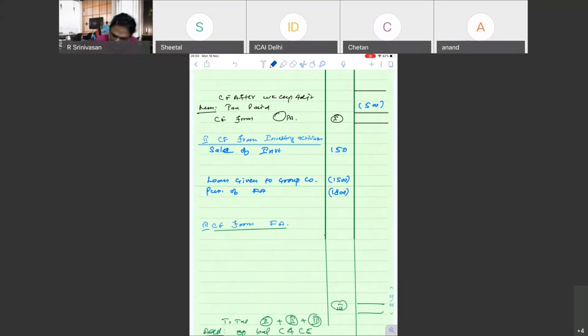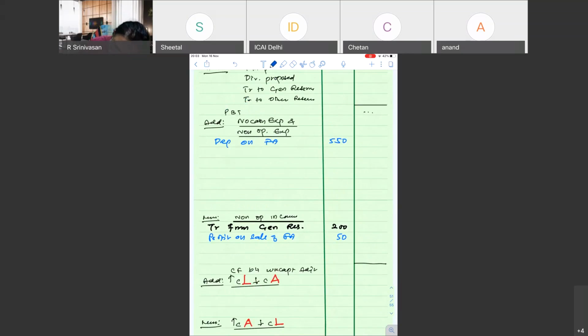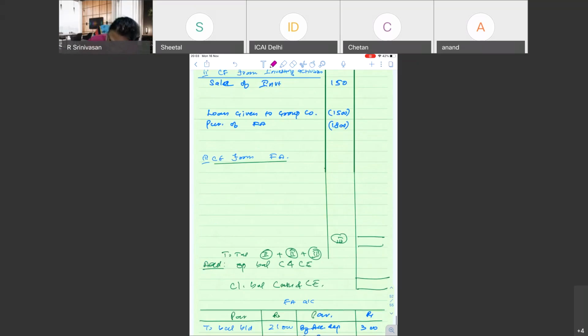Okay, so we have paid interest on loan. So interest on loans, that is 14,21,000, so 1,421. And take it in the financing activities. Interest paid on loan funds, 1,421.